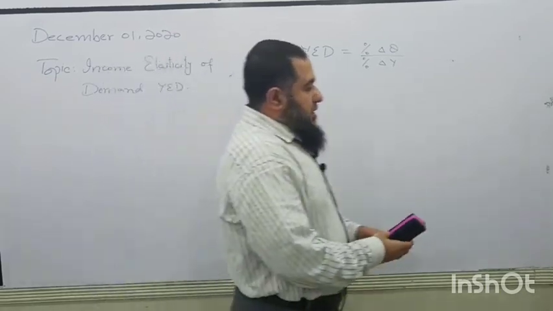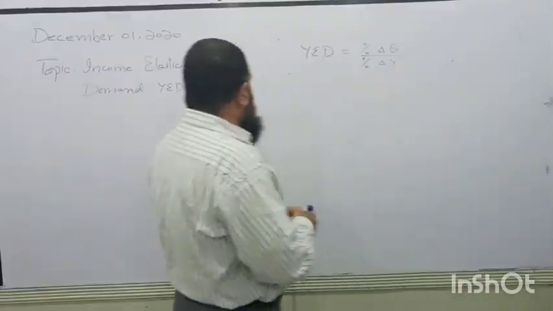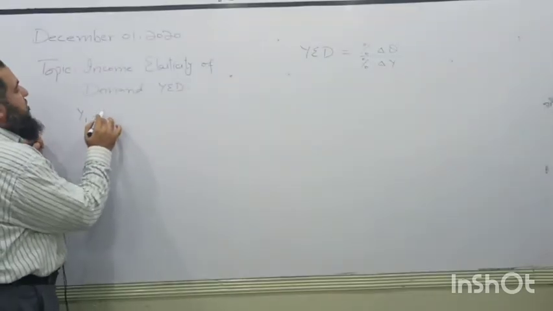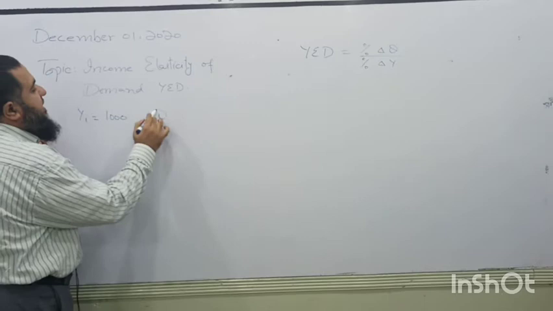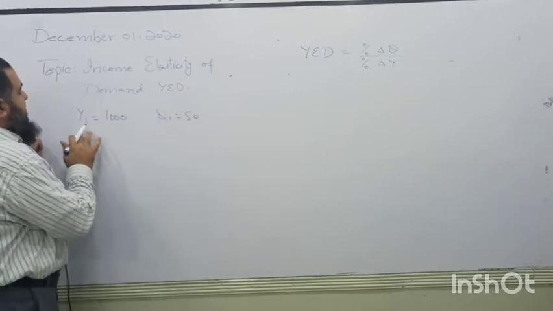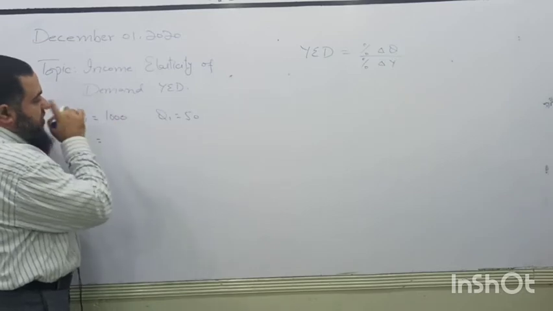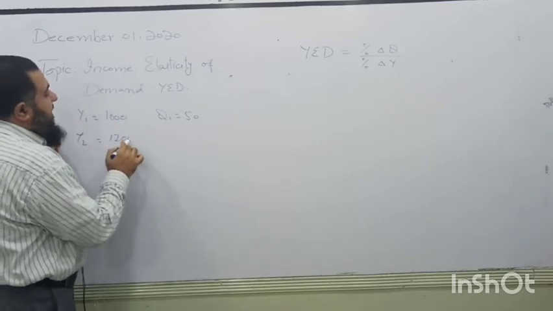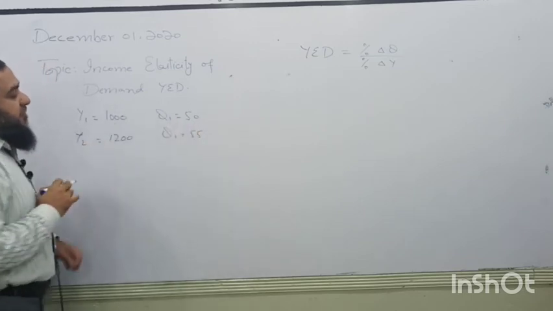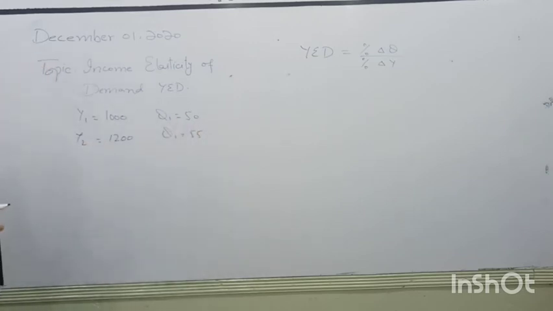Now see over here, the income of the consumer is 1000 and its quantity demanded is 50. When income increases to 1200, its demand increases to 55. What will be the income elasticity of demand?